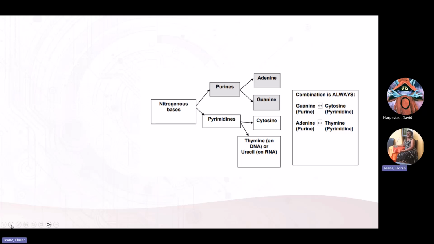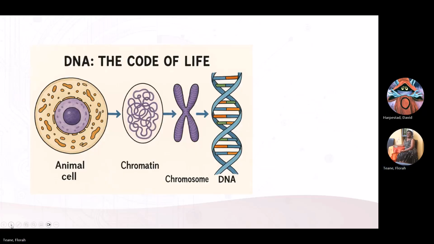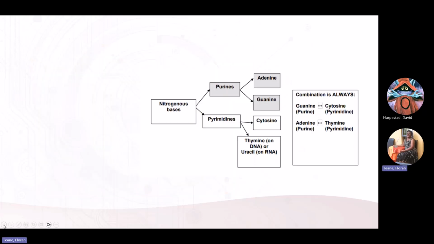Remember, I mentioned that nucleotides are the building units of nucleic acid, and one of the parts of a nucleotide is the nitrogenous base. So on this slide, I'm showing you the nitrogenous bases, both for DNA and RNA.